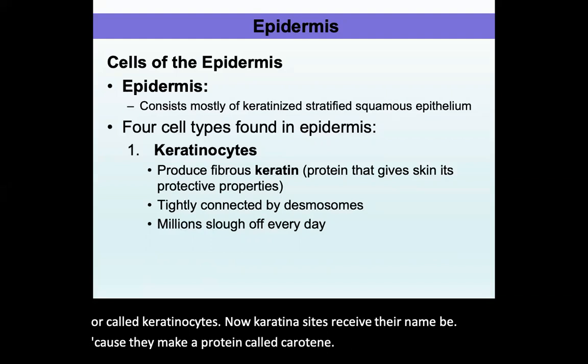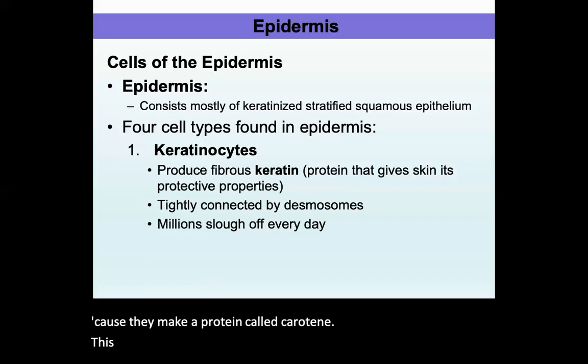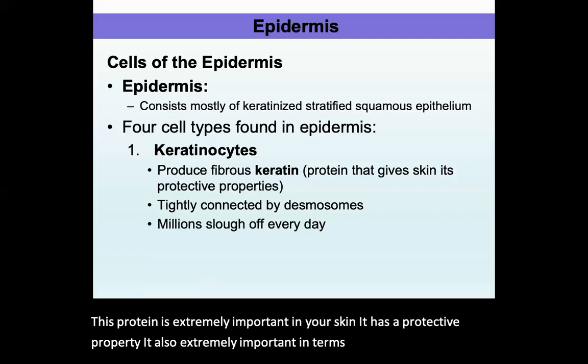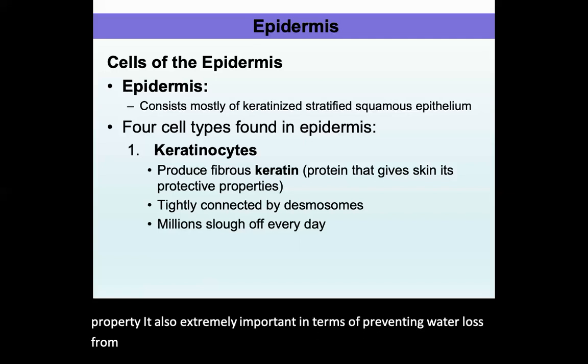Now, this protein is extremely important in your skin. It has a protective property. It is also extremely important in terms of preventing water loss from your skin. So basically, it helps you waterproof your skin, and it also protects it from the external environment.